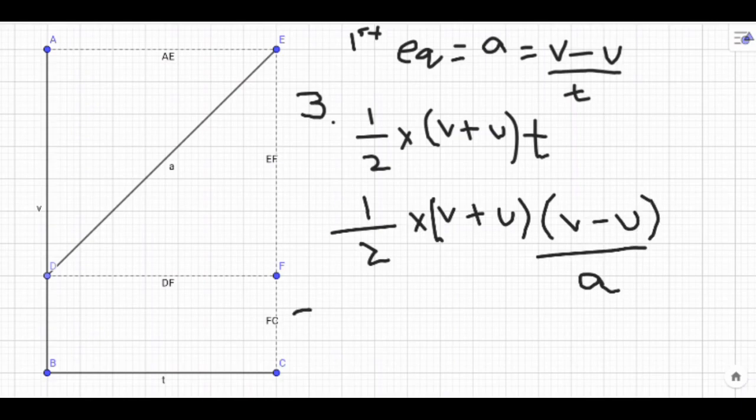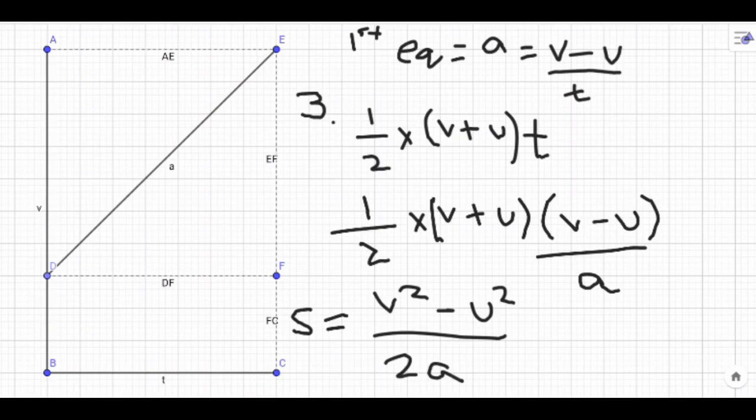So we have the formula here. The distance, which is S, is equal to V square minus U square, because A plus B into A minus B is an identity, which is equal to A square minus B square. And we divide this by 2A. So this is how we derive the third equation.